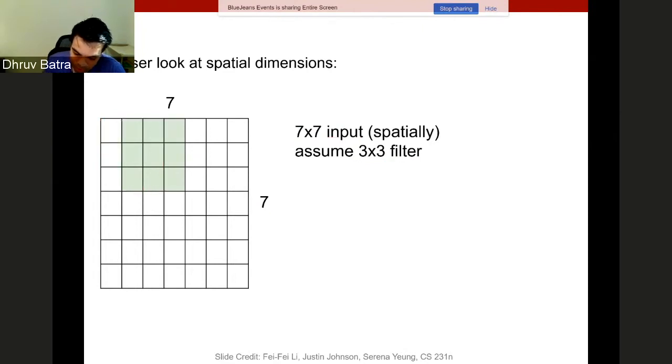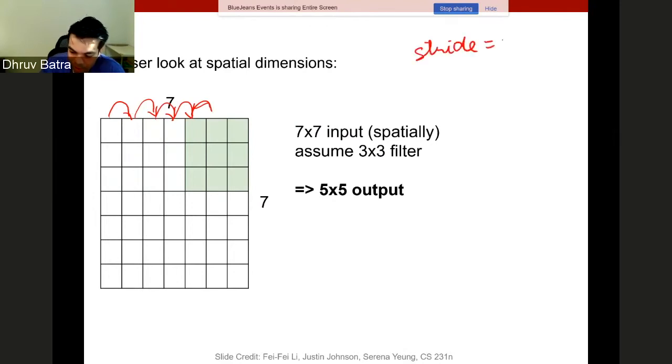We've been telling you that we slide it 1 over at a time, right? So this is slide number 1, slide number 2, slide number 3. This operation of sliding 1 at a time is called a stride. We are showing you stride equals 1, which means that you do not skip any pixels. You shift the filter over exactly 1 pixel.